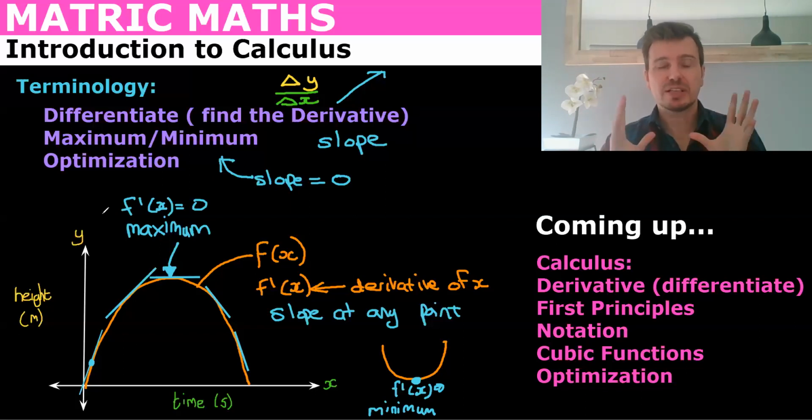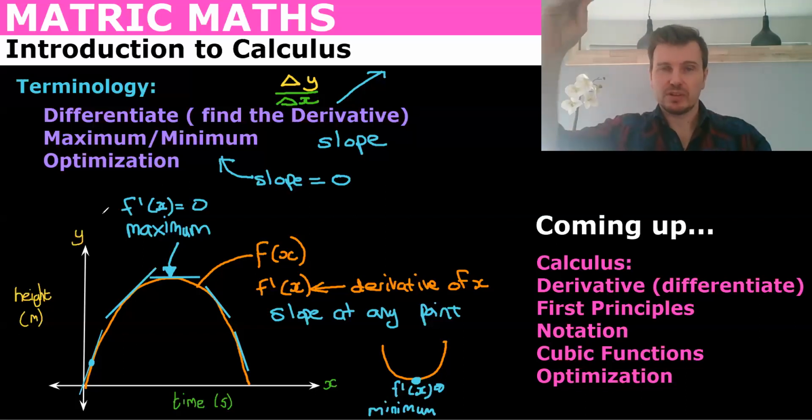So my steps in calculus are usually as follows. Okay, so let's start again with what is calculus? It's the study of the rate of change. How do I find that rate of change? This is the first step. I find my derivative. In other words, I differentiate. Once I've found my derivative and I want to find the maximum or the minimum, I make that derivative equal to 0.